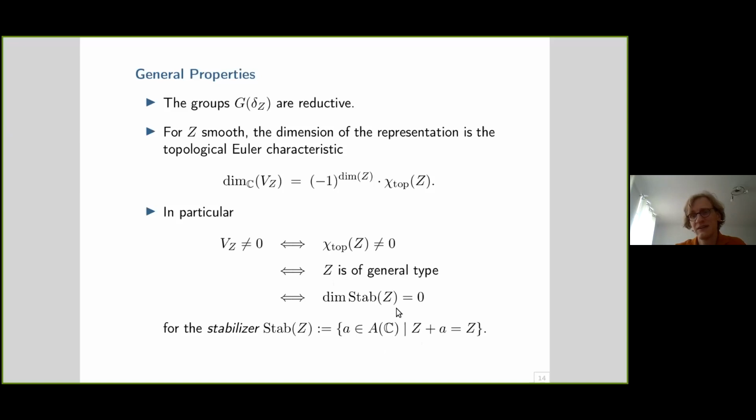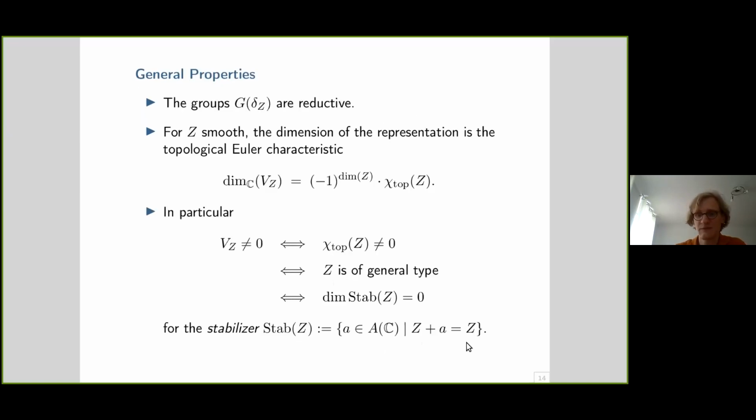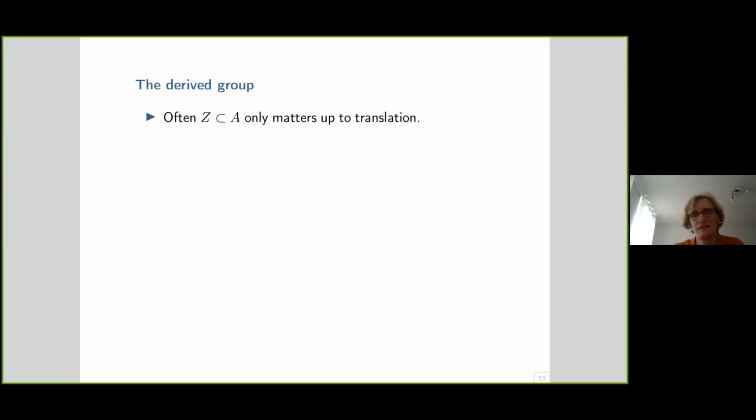This is always an algebraic subgroup of A, and if it's finite, then Z is of general type and vice versa. So those subvarieties which come from proper abelian quotient varieties by pullback, those we don't see, but all the others we do see. That's the moral of the story.